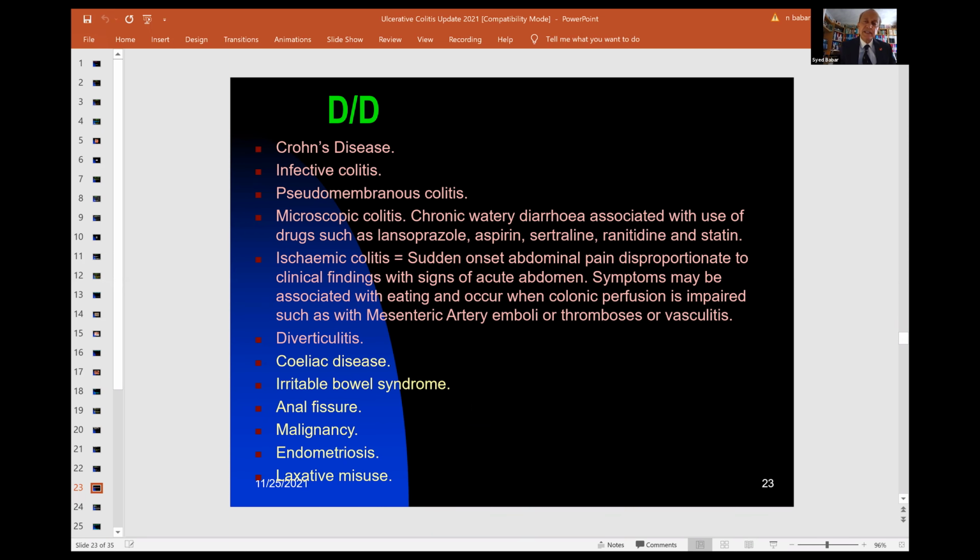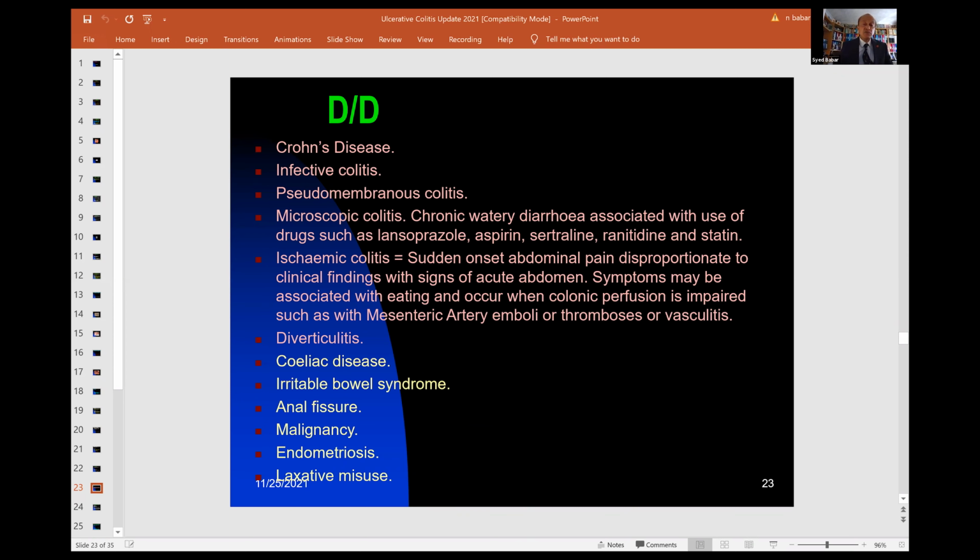So what would be the differential diagnosis? Crohn's, infective colitis, pseudomembranous non-infective colitis, microscopic colitis, and this aspect is important because it can produce watery diarrhea, and it is associated with some medications such as PPI, aspirin, sertraline, and anti-acid medications such as ranitidine and statin.